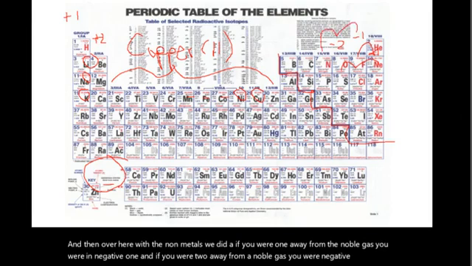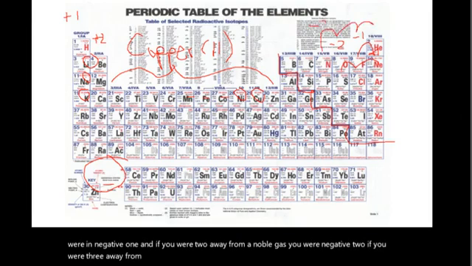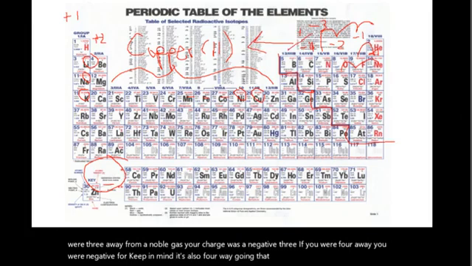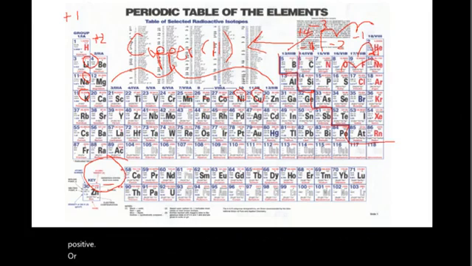If you were 3 away from a noble gas, your charge was a -3. If you were 4 away, you were -4. Keep in mind, it's also 4 away going that way, so that column also has +4 values. And if you remember, the B was on the wrong side of the line, and it's always a +3.